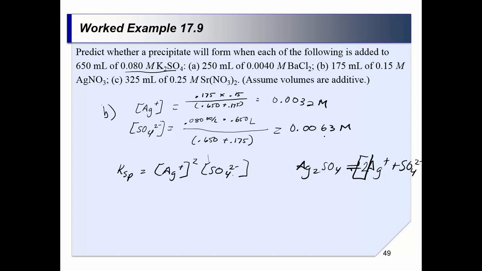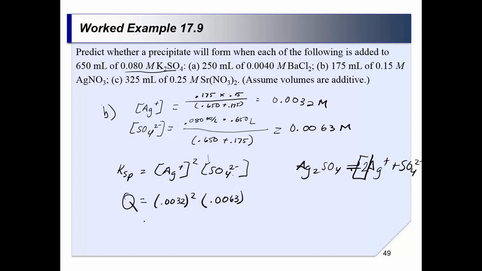Remember that this stoichiometric coefficient needs to be used as the exponent. So when I fill in these numbers and do the arithmetic, it ends up being 0.0032 squared times 0.0063, then the Q value, because what we're doing is calculating Q once we add in these non-equilibrium concentrations.